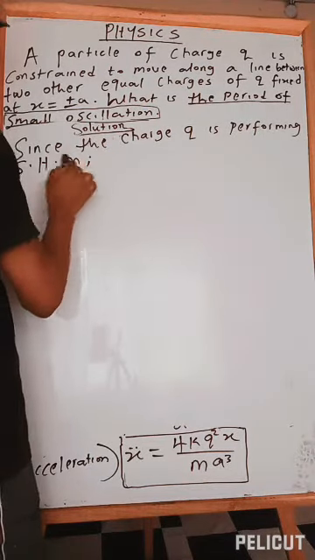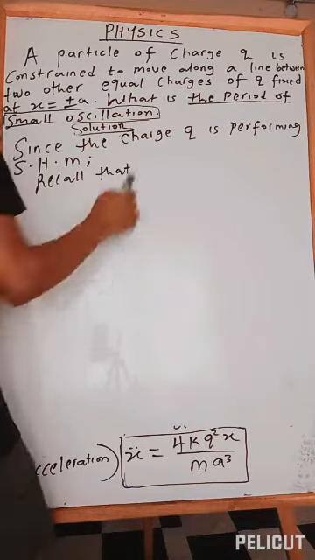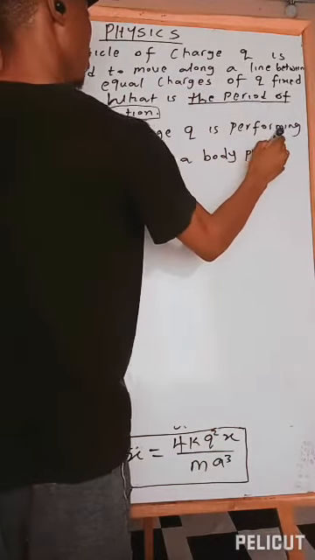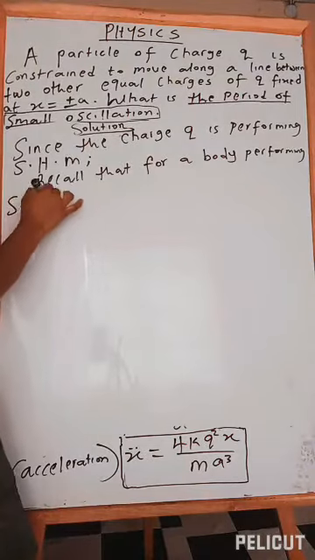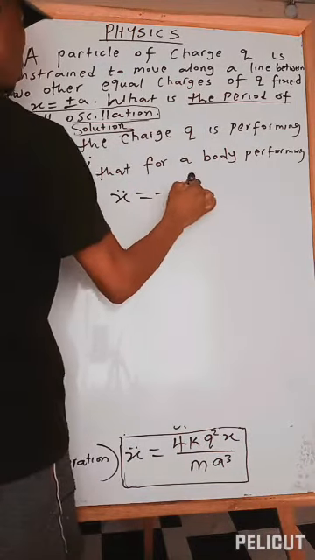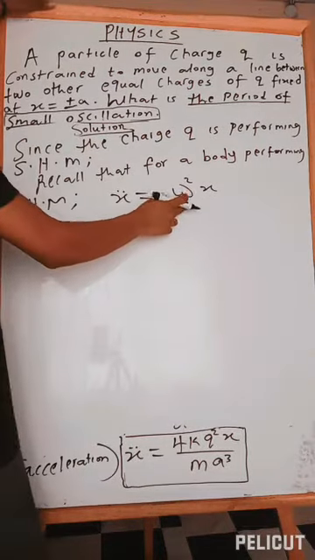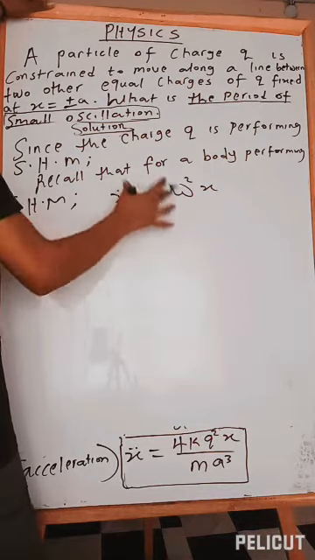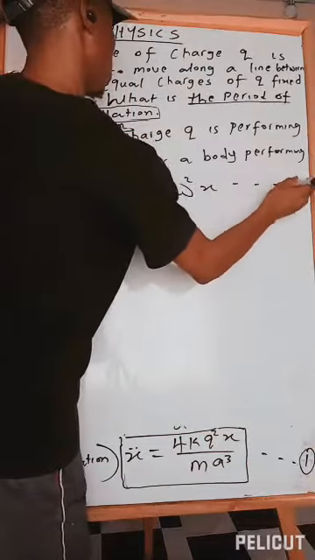So recall that for a body performing oscillation, acceleration x double dot is given by minus omega squared x, where omega is the angular speed of that body. Okay, so let's call this equation 1, and let's call this equation 2.